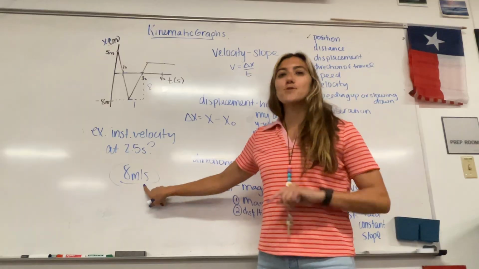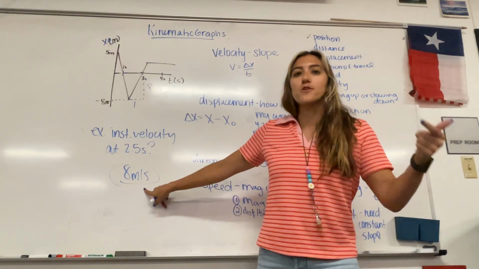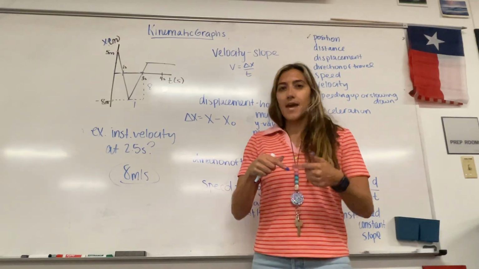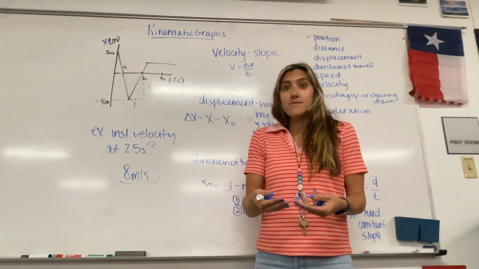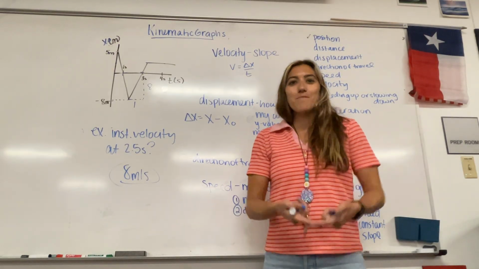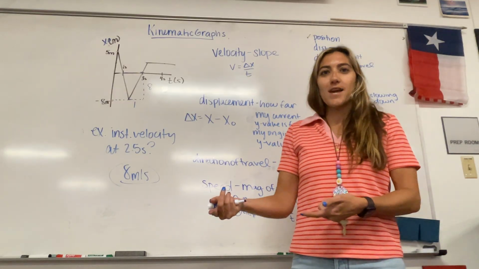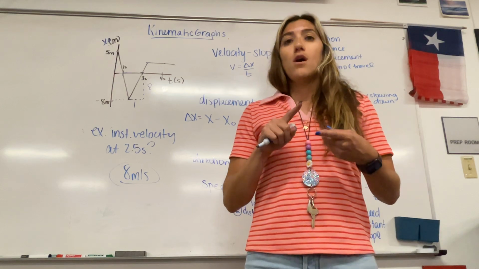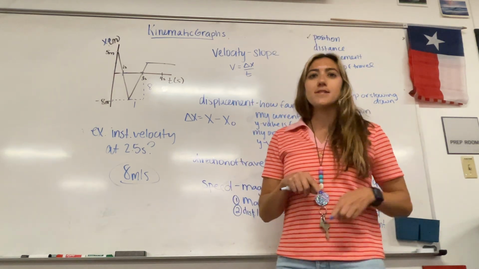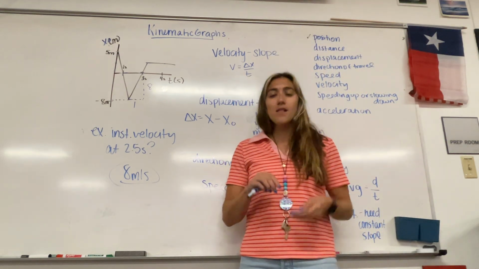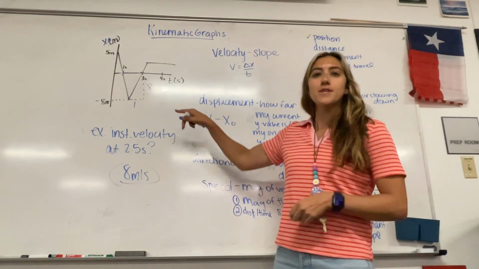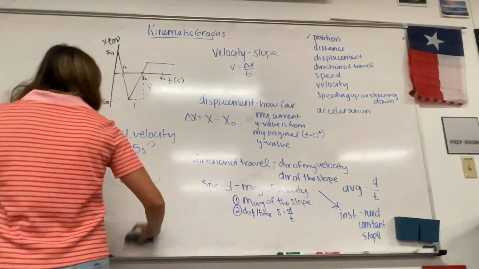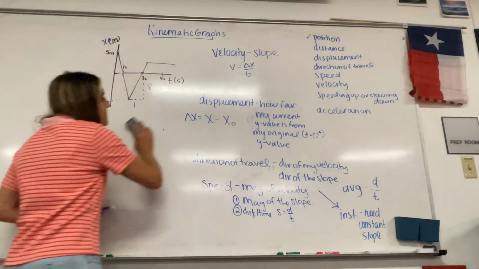That whole time, I was going a constant velocity of 8 meters per second. So if between 2 and 3, the whole time I'm going 8 meters per second, then at 2.5, I must be going 8 meters per second. This is the only way to find instantaneous speed or velocity. When we switch to a velocity time graph, we can do it with acceleration as well. You have to have constant slope on this graph to find it. Okay? All right.